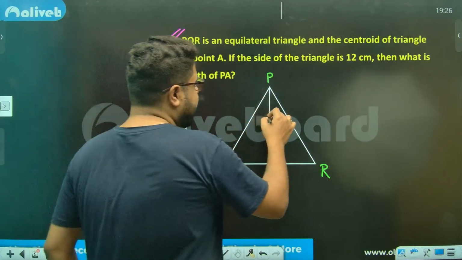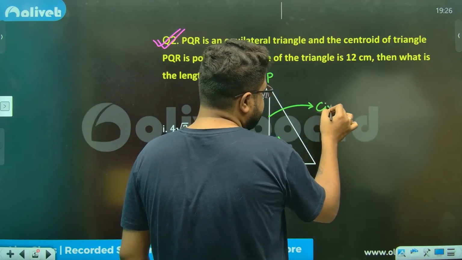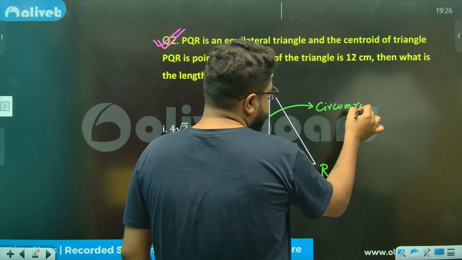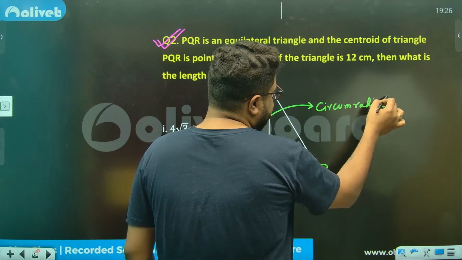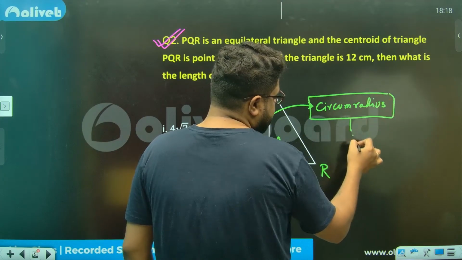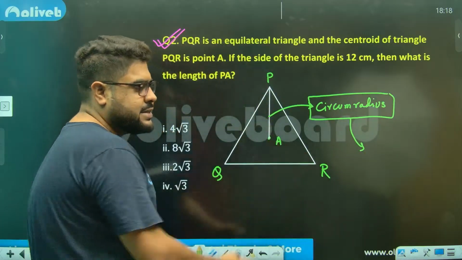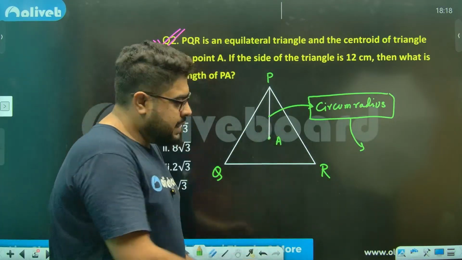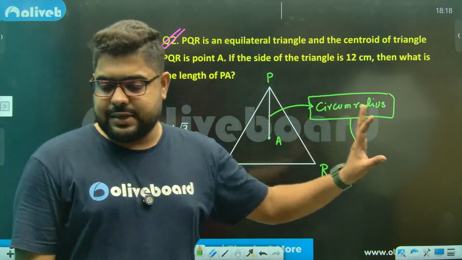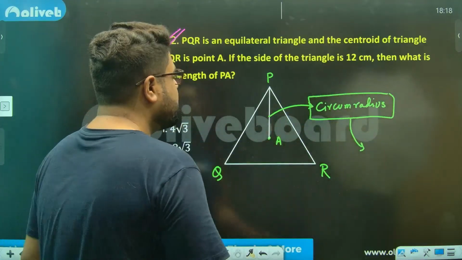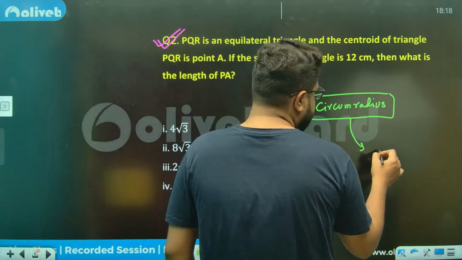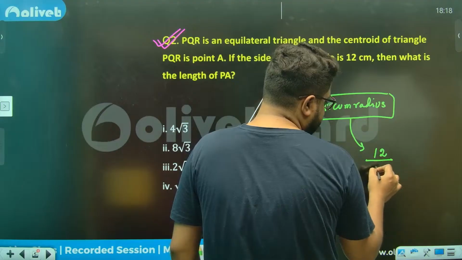Sir, this PA is called the circumradius. And if you join the whole thing, this part is called the inradius. So directly you can write the circumradius as a divided by root 3.